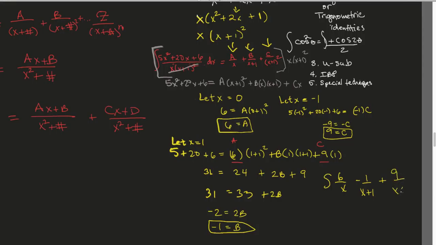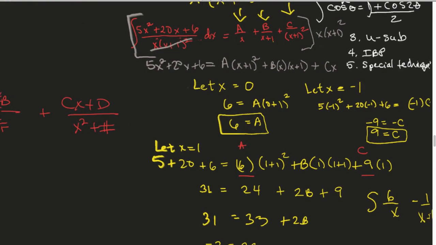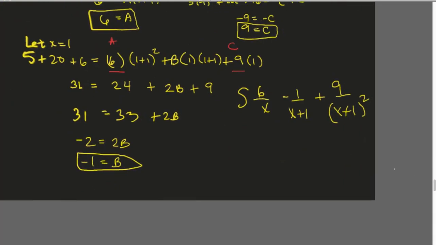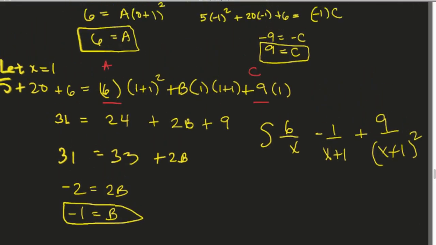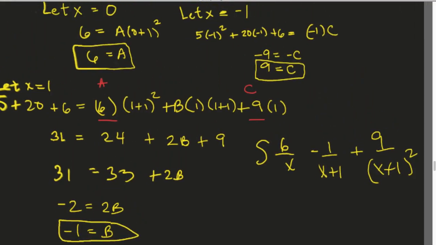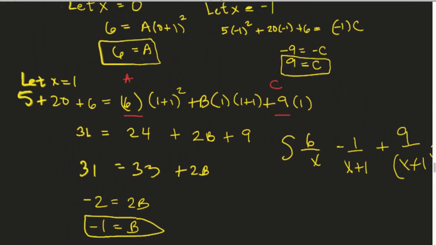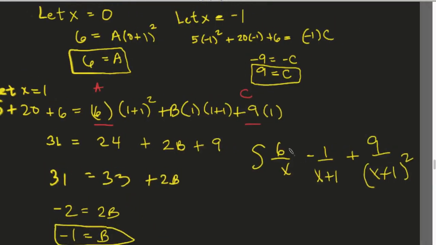Now, this problem is equivalent to what we started out with, but should be a lot easier to solve. Would you agree with that statement? What happens to the old numerator?